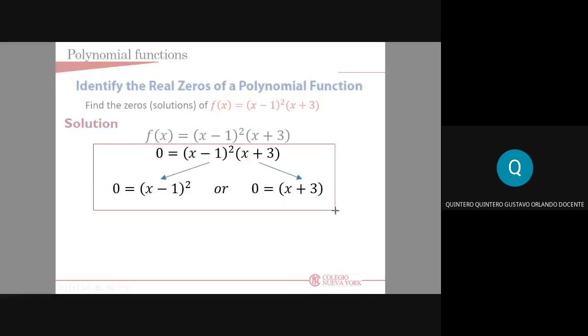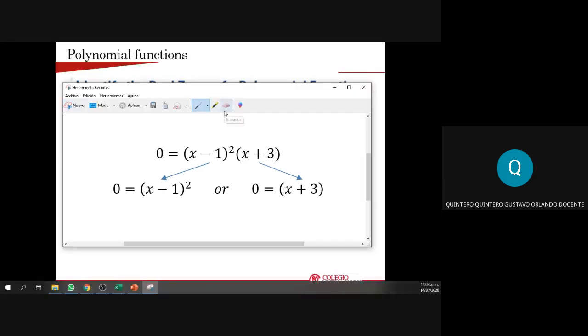We saw this when we were studying quadratic functions. Did you guys remember this or not? Right, Patiño says yes. All right. Look, here you have a multiplication, right? You are multiplying this times this.